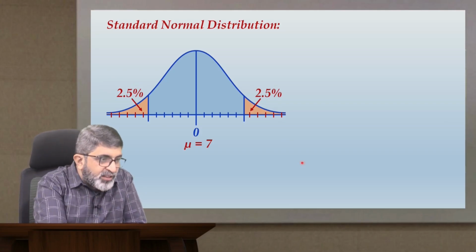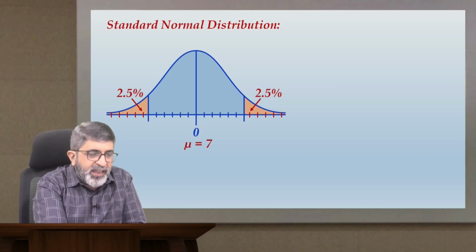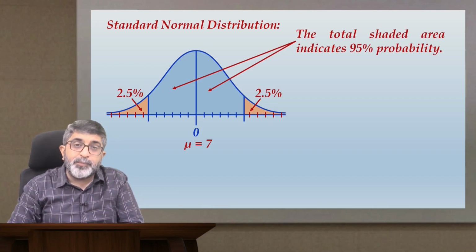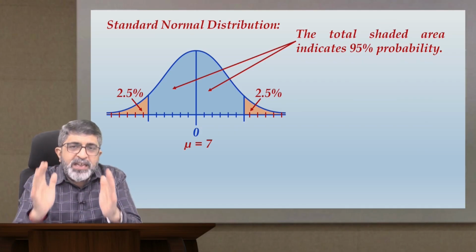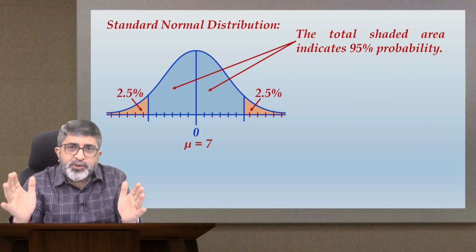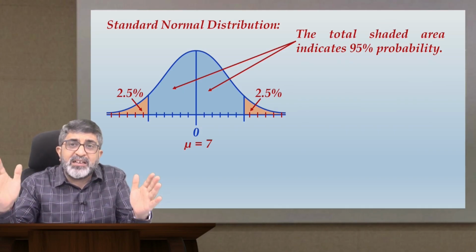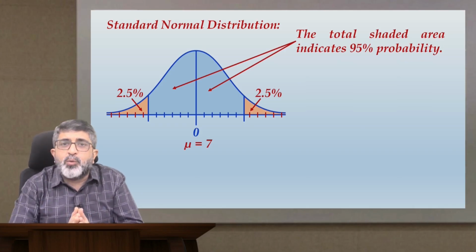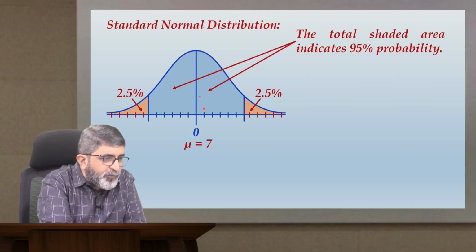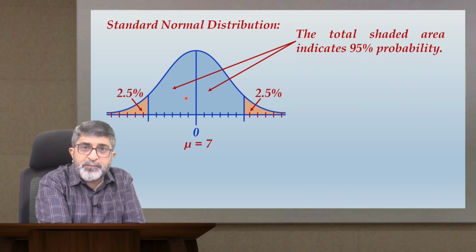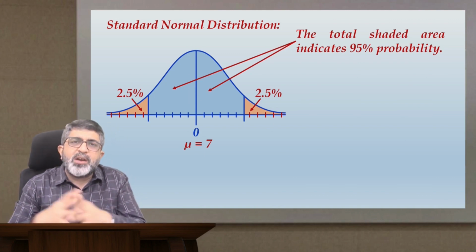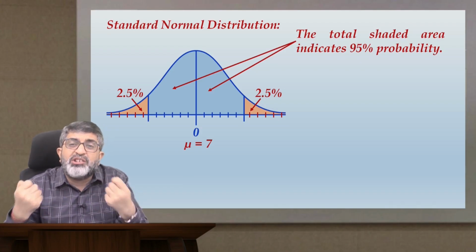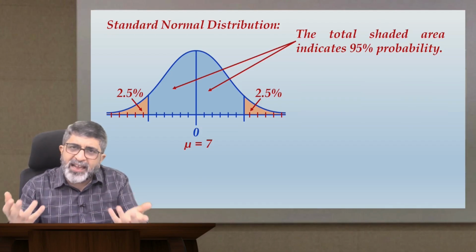What does that mean? The blue area over here indicates 95% of the probability. That means we are going to accept the 95% region of the company's claim as appropriate. In other words, if the test statistic falls in this 95% region, we are not going to discard the company's hypothesis, meaning we are not going to reject the null hypothesis, we will accept it.